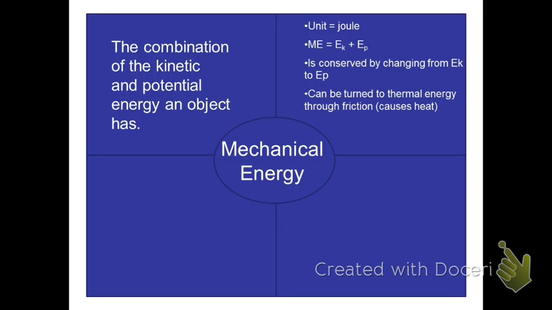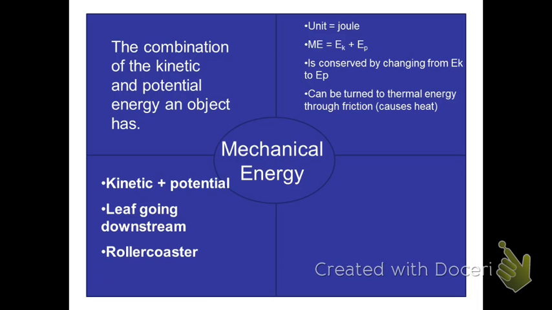This kind of energy can be turned into thermal energy through friction. Because of friction, mechanical energy turns into thermal energy. Examples: kinetic plus potential, a leaf going downstream, or a roller coaster. Roller coaster is a good example because you get a lot of potential and a lot of kinetic energy in that.